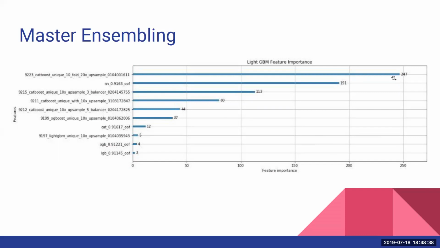You can see it's the most important according to the feature importance. The other one is much less strong. It's a neural network, but surprisingly, it's the second most important model. So sometimes it works to look at the picture, like what models play a bigger role in your ensemble.